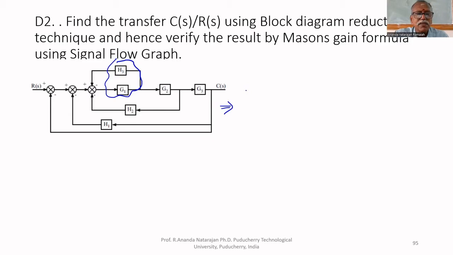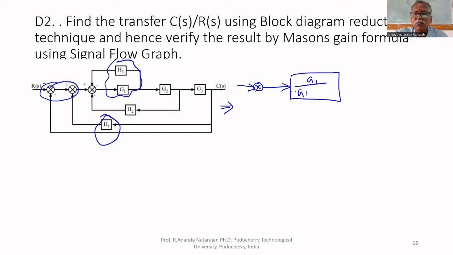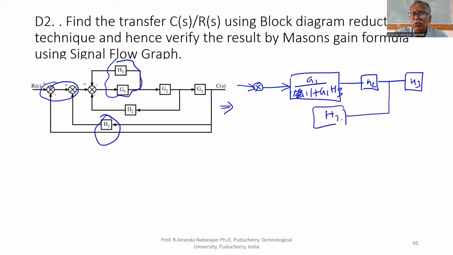That's why this becomes, these two are parallel. That's why these two can be combined. Combined, G1 upon 1 plus G1H3, G2, G3, H2, minus.